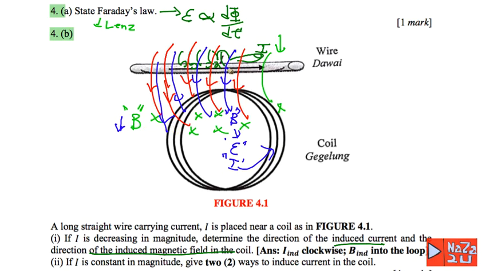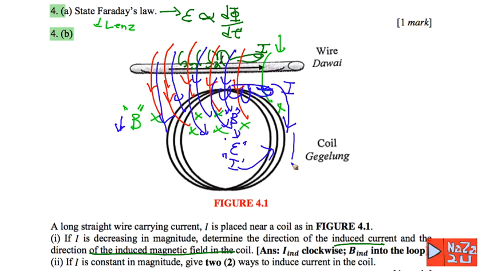So the direction of the B from the induced current is into the page. If you use the right hand here, the grip is into the page for the blue color, and your thumb is the direction of the current flow I.